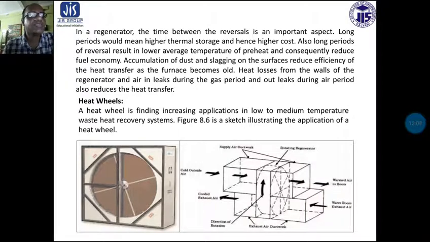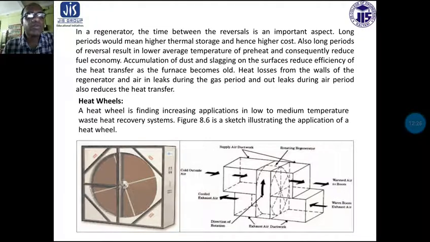As the disc slowly rotates, sensible heat is transferred to the disc by the hot air, and the disc rotates and transfers the heat from the disc to the cold air.